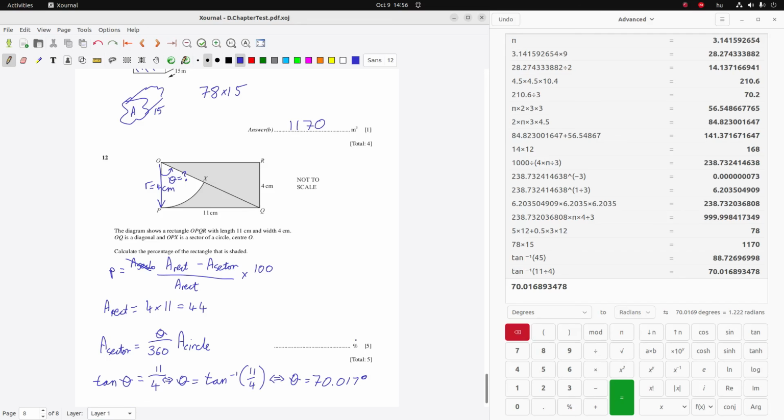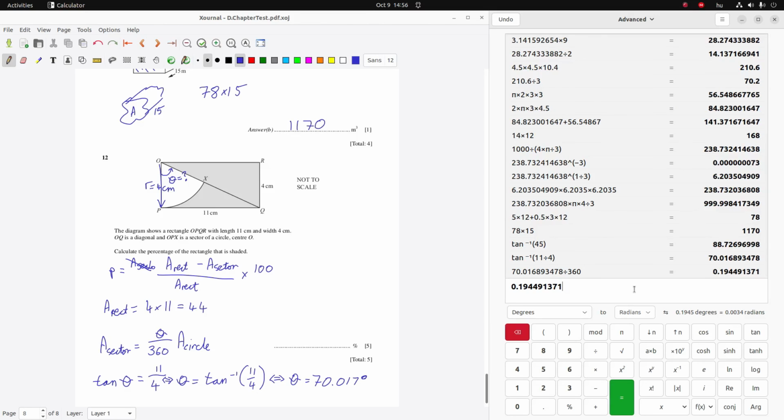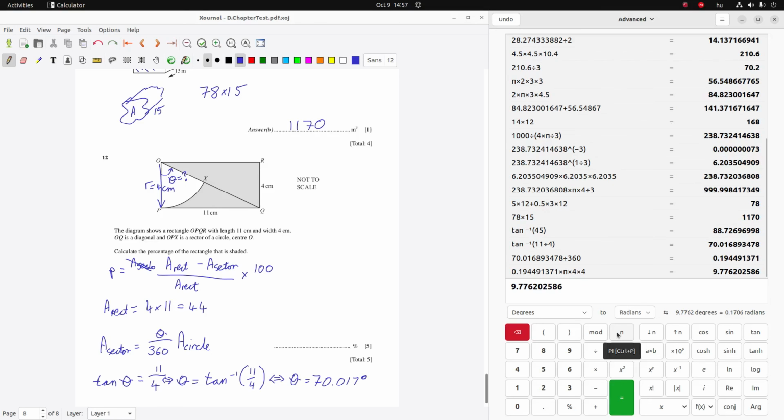So we have 70 point something divided by 360 multiplied by the area of a circle, pi multiplied by the radius, which is 4 multiplied by 4. So we end up with this equals 9.7762.